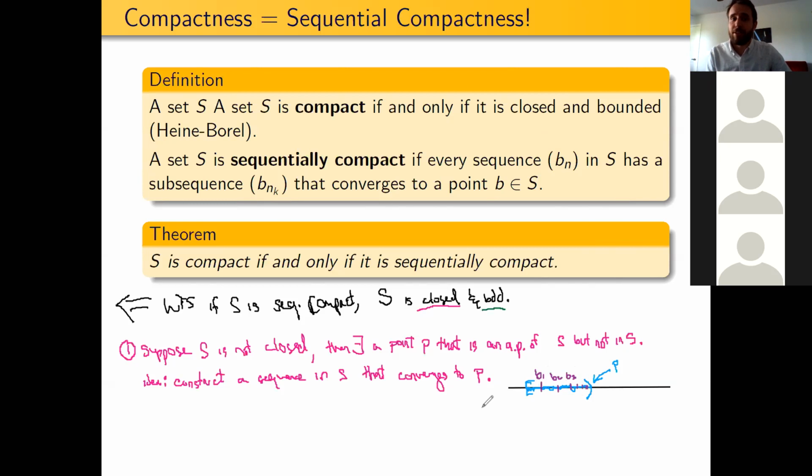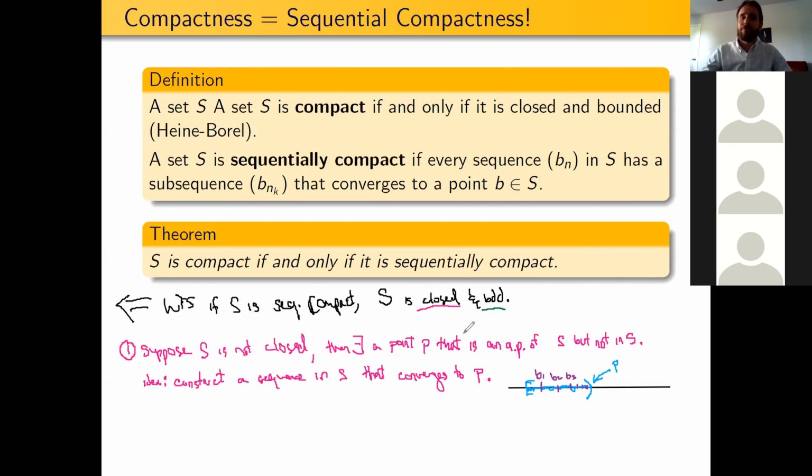I can construct such a sequence because P is an accumulation point of the set. This is Lemma 4.29, which says that we can construct a sequence in a set that converges to an accumulation point of the set.